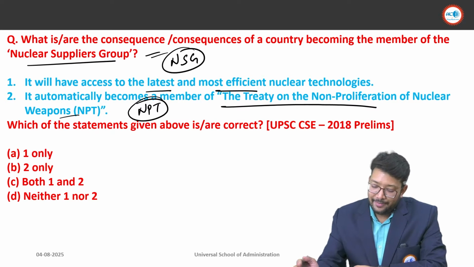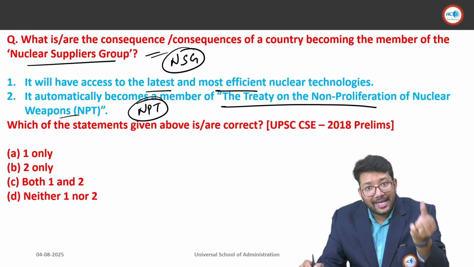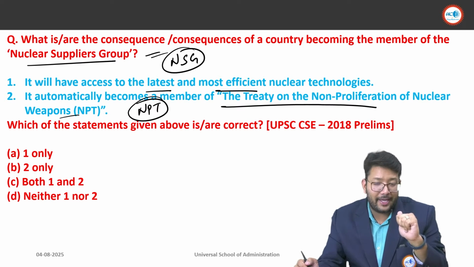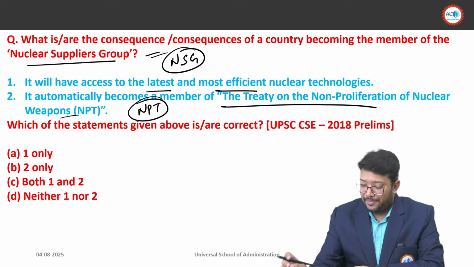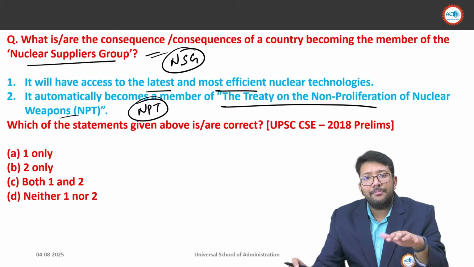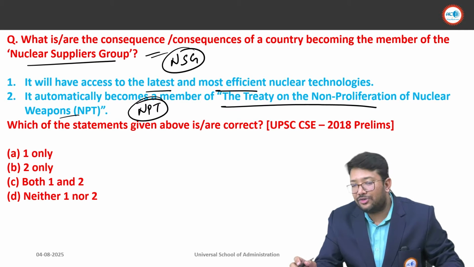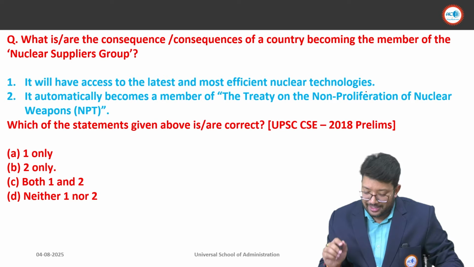It is saying that if a country is having membership of NSG, it will have access to the latest and most efficient nuclear technologies. Now, the second option is a bit problematic. It is saying that if some country is joining the NSG, it will automatically sign the NPT. This is the wrong one. This is not the right way of NPT and NSG.